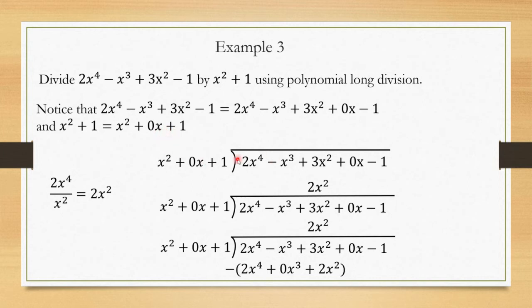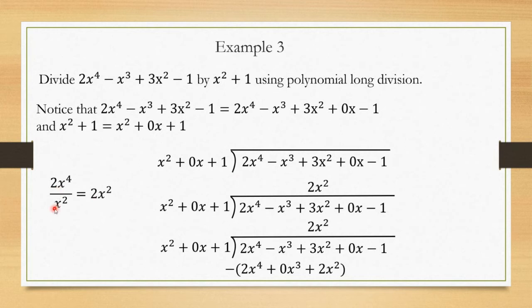Now we set it up, similar to long division of numbers. And remember, what you do is you divide leading terms. So you have 2x to the 4. The leading term, remember, is the term with the highest power of x. So we have 2x to the 4th divided by x squared, and what we get is 2x squared.